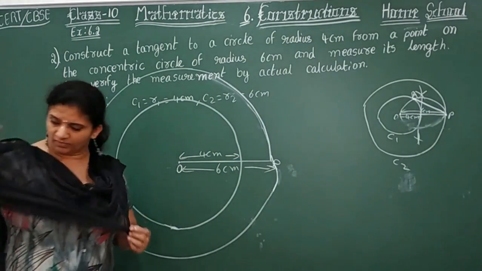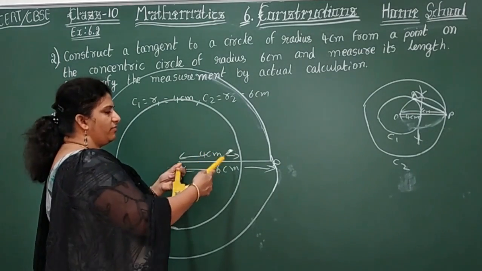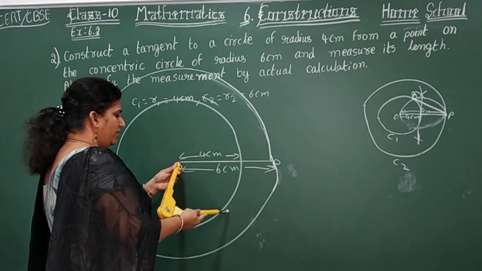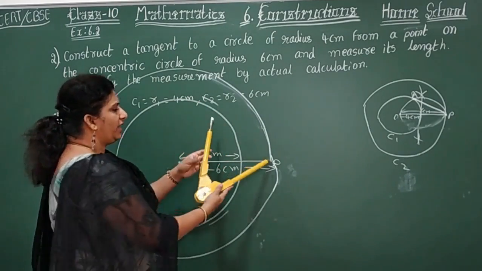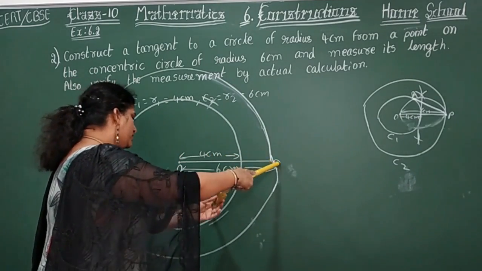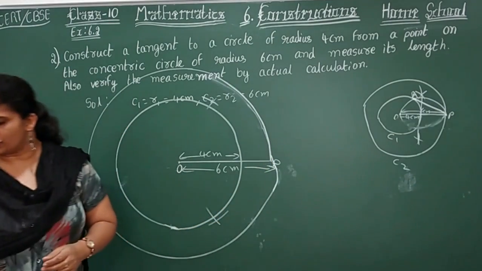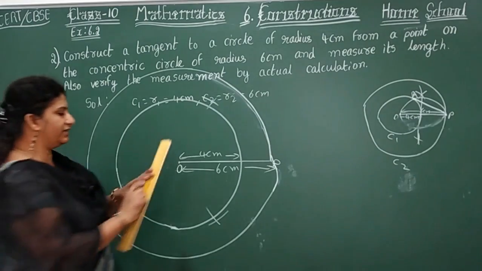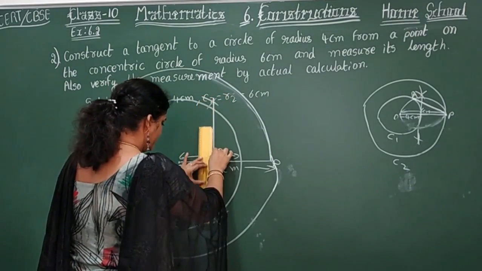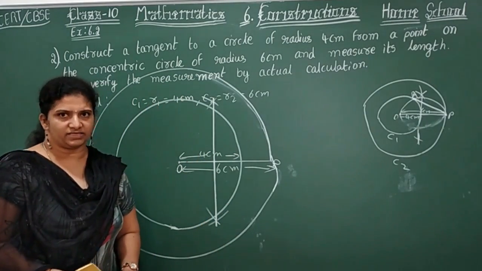Now from any one point, more than half, draw one arc above, one arc below, and again from the same point, children, don't move this. Now draw a perpendicular bisector. So now this is your perpendicular bisector.